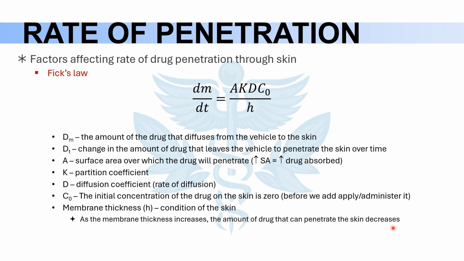So overall, we can say that the rate of drug penetration depends on the amount of drug which diffuses over time to cover a certain surface area based on the partition coefficient of the drug. That will affect the drug's diffusion coefficient starting from concentration 0, affected by the thickness of the skin.